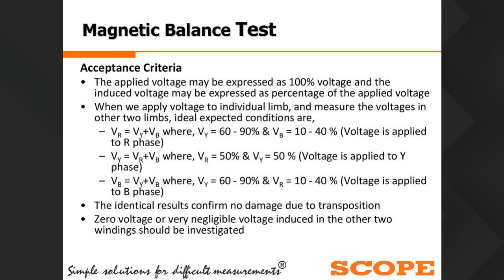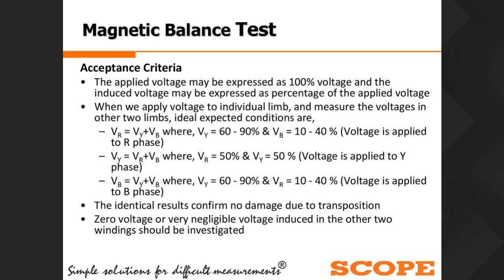There are criteria to check whether the core is magnetically balanced or not. If we inject a voltage on R phase, we then check the voltages on Y and B phase.